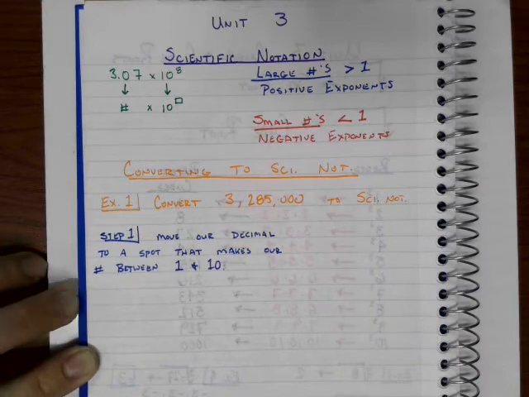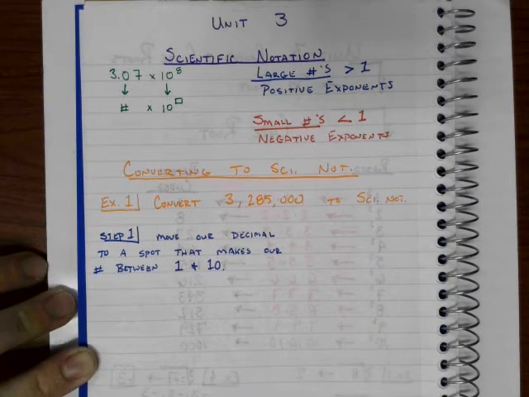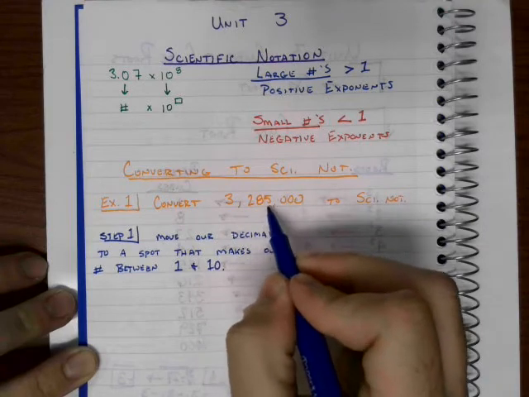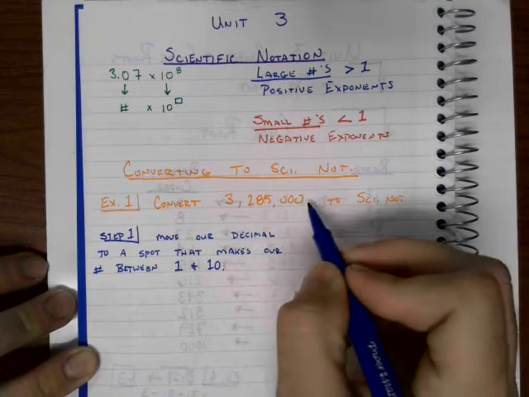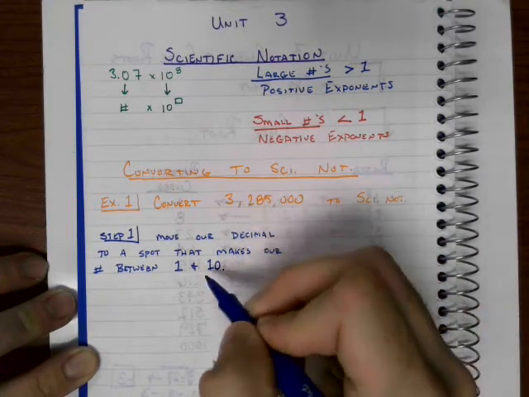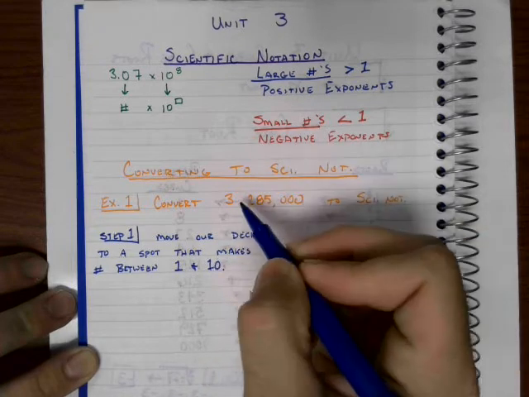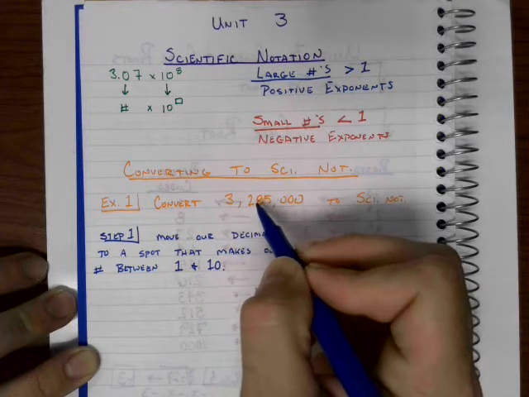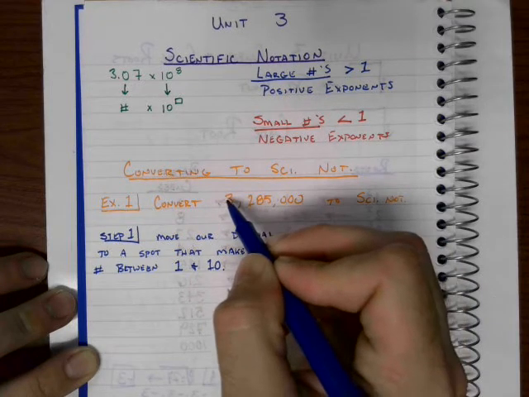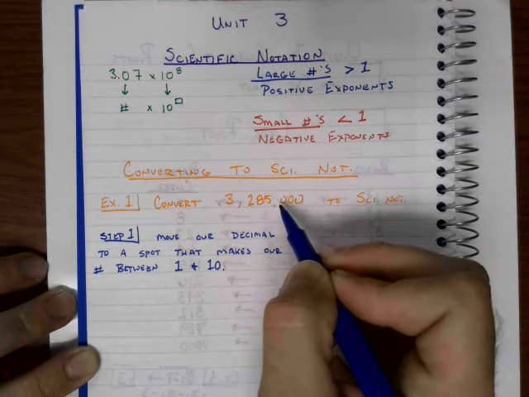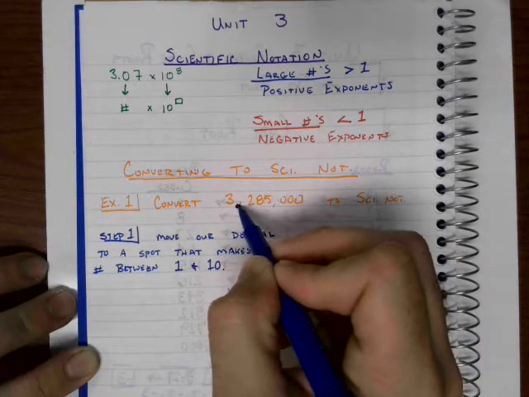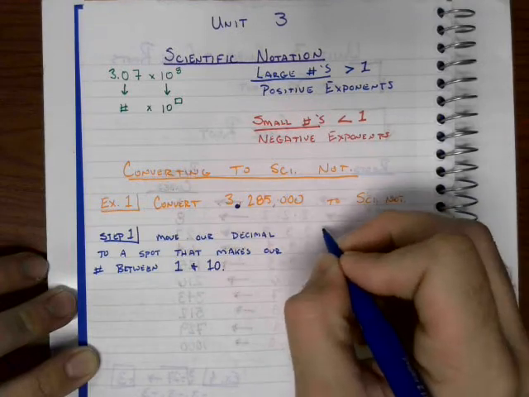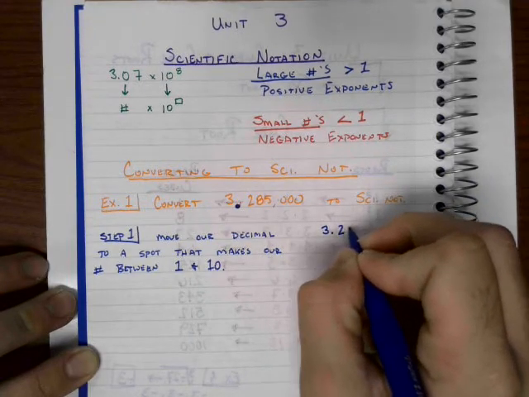So if I look up here at 3,285,000, I'm going to put a decimal somewhere that makes this number between 1 and 10. I can't put it left of 3. That makes it smaller than 1. I can't put it next to 2 because it makes it 32 point something. I'm going to place that decimal right there, and that's going to make that 3.285.